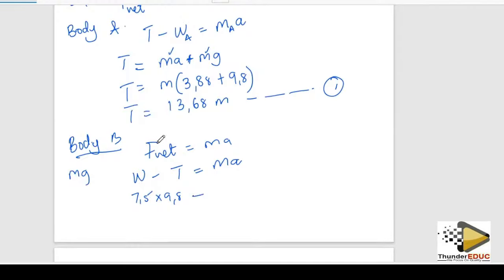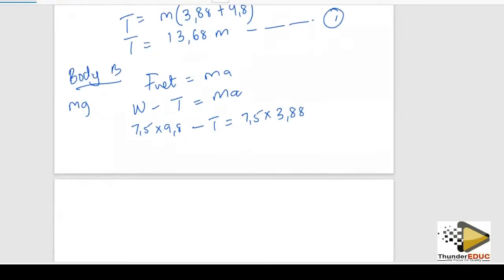We are subtracting the tension, which we don't know, should give us the mass, which is 7,5 times 3,88. So when I simplify, or I can even substitute at this level, but let me first simplify. 7,5 times 9,8, that's 73,5, minus my tension is equal to 7,5 times 3,88. That's giving me 29,1.